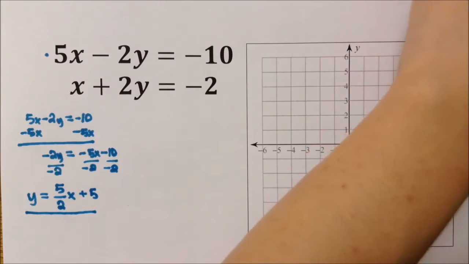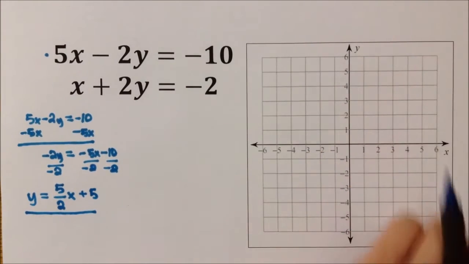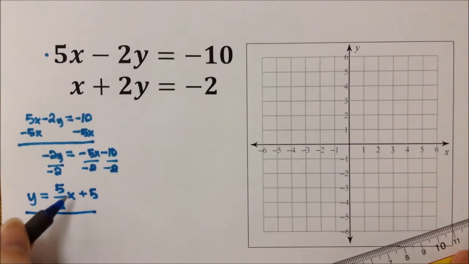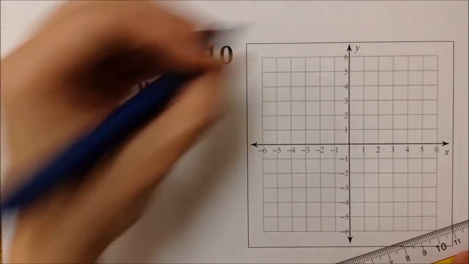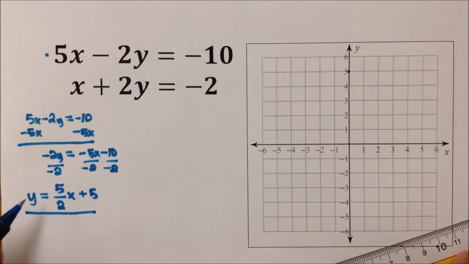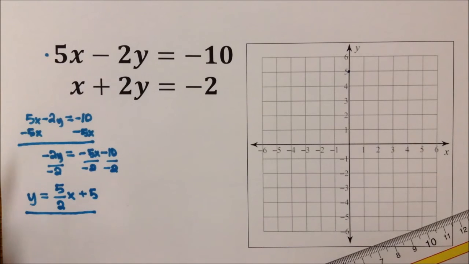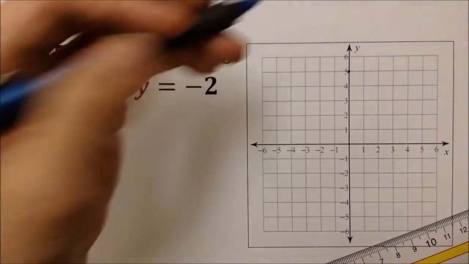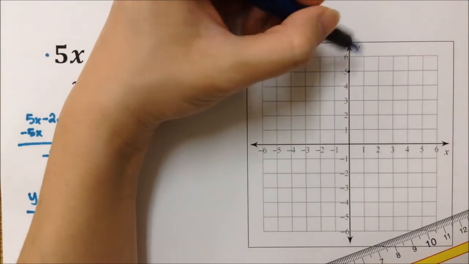So I'm going to graph our first line. So our y-intercept is at 5. So here's our first point. Alright, now since this is a positive slope, if I were to go up 5, I'll be out of the range.